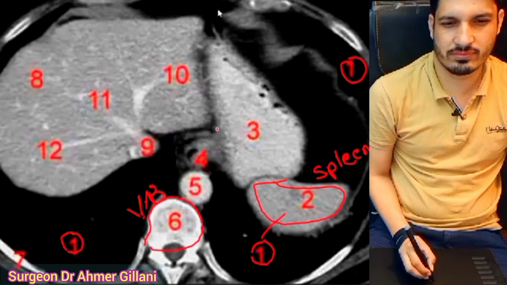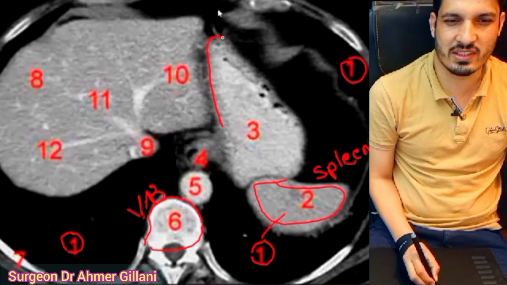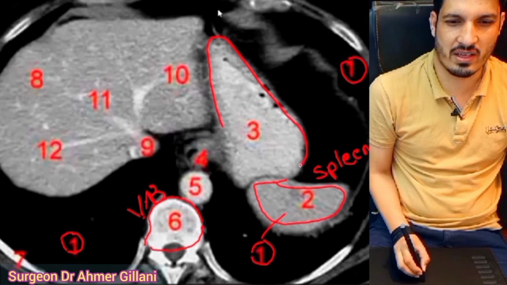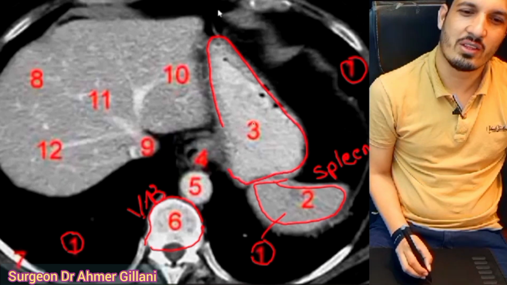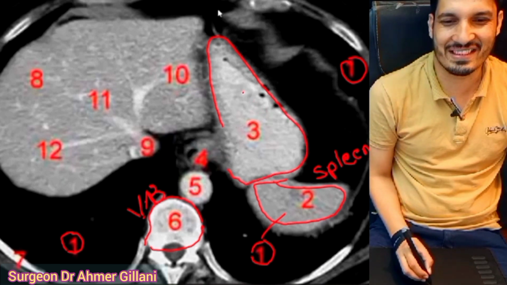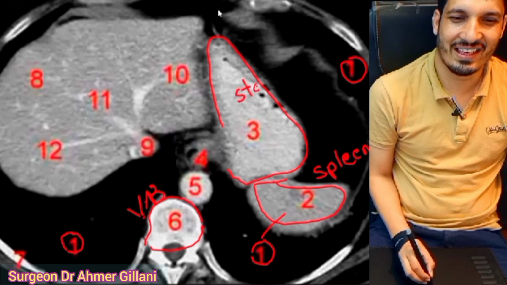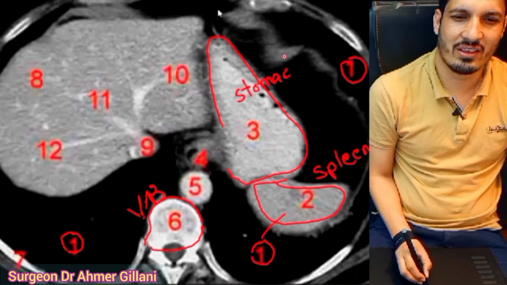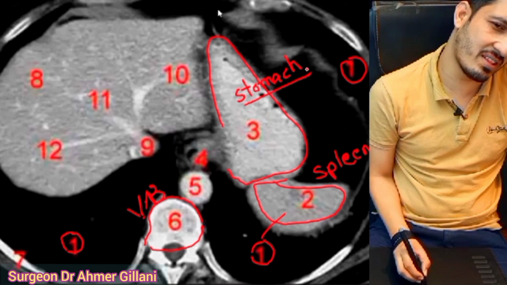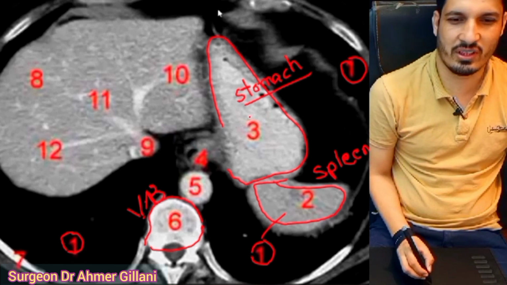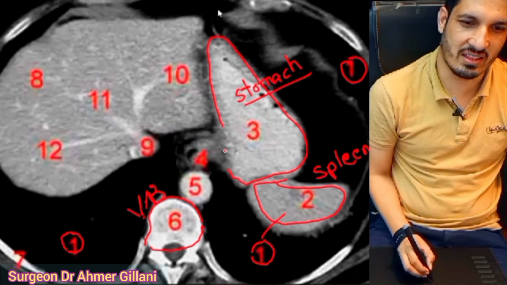And again this structure is new in this diagram, and I am marking this structure. This structure number 3 is actually a stomach. We have given the patient the oral contrast, so it has whitened that area.